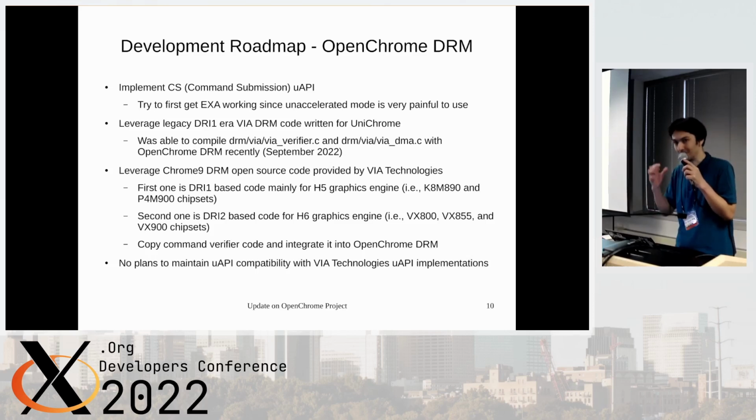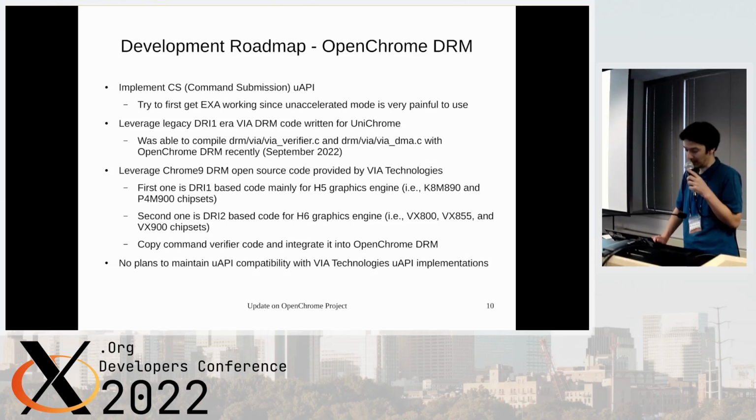I guess that's my small contribution possibly to the DRM subsystem development community. However, the DRI1 code has some benefit, so I'm going to reuse it. Especially, I discovered that the command verifier I could pretty much compile without too many changes. And VIA had some code dump for the DRM, their own version, which didn't get accepted into the mainline.